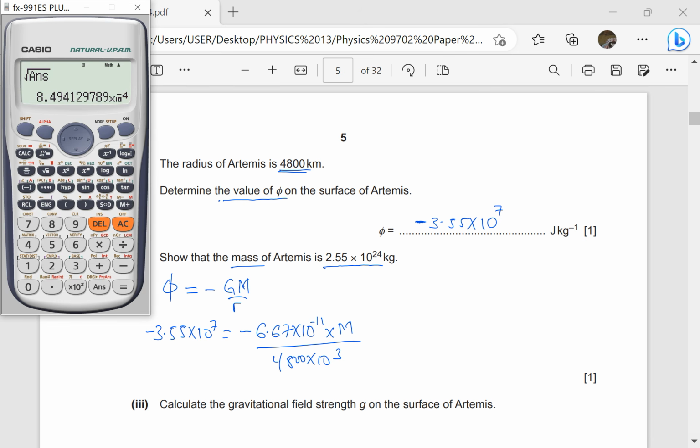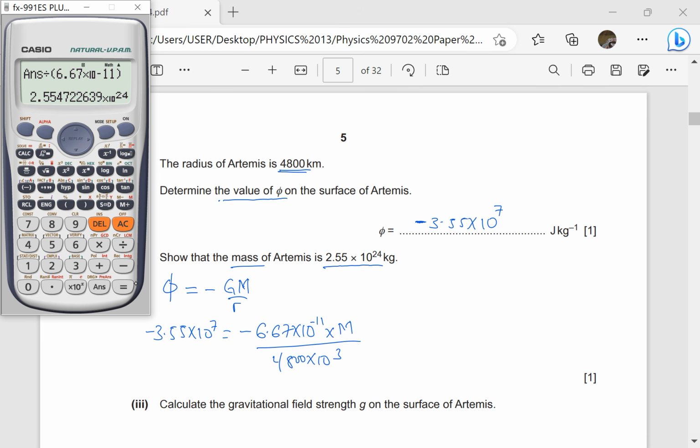So I'll make M the subject and press my calculator. The negative has cancelled, so I have 3.55 exponent 7 times 4,800 exponent 3 divided by 6.67 exponent negative 11.